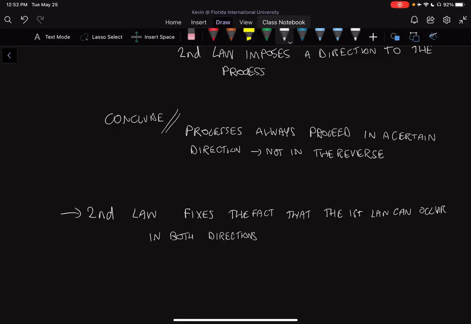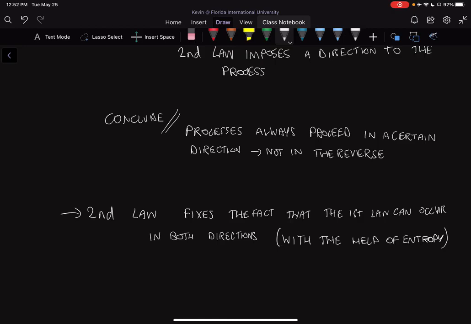And this is going to be done with the help of a term called entropy, which we're going to be looking at a little bit later as well.